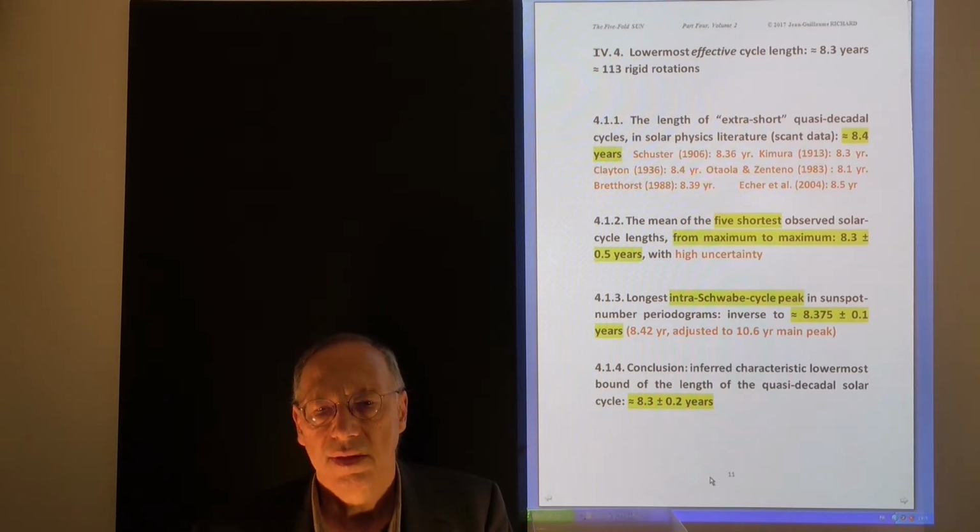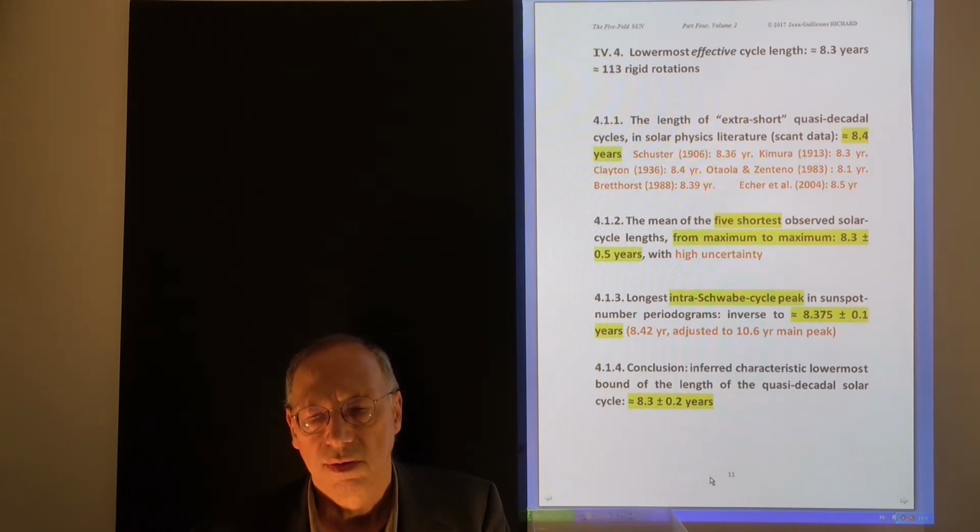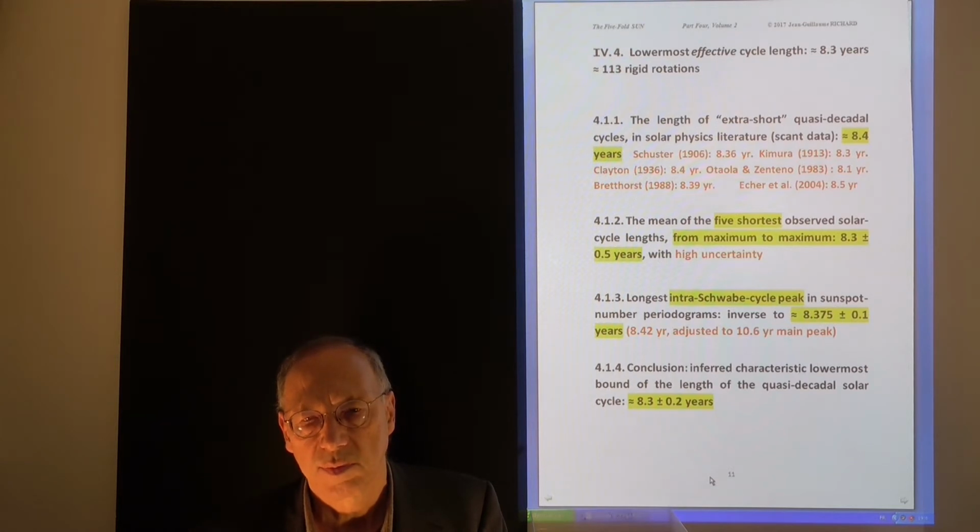And this length corresponds also, from inspection of the individual Schwabe cycles, to the shortest observed cycle length, which are measured from maximum epoch to maximum epoch. But we have very high uncertainties as for the actual true epoch of such maxima.